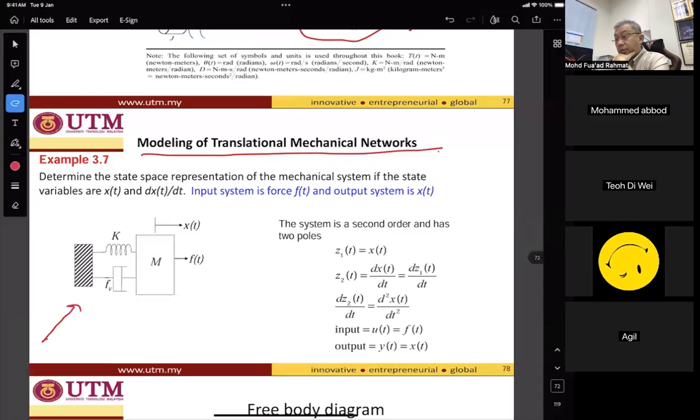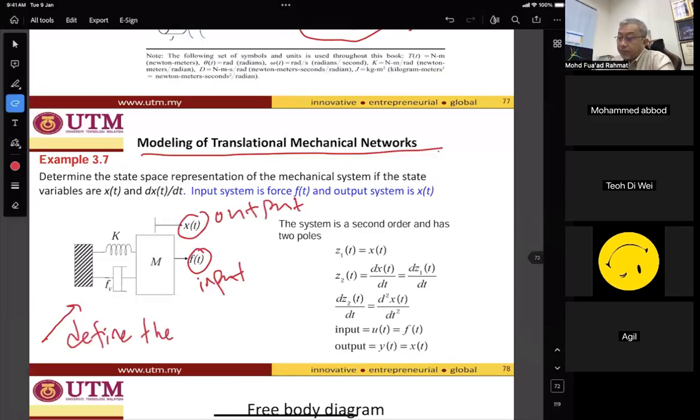So the input of the system is f(t), and the output of the system is x(t), the displacement. So to model the system using a state space approach, we have to define the state variables.